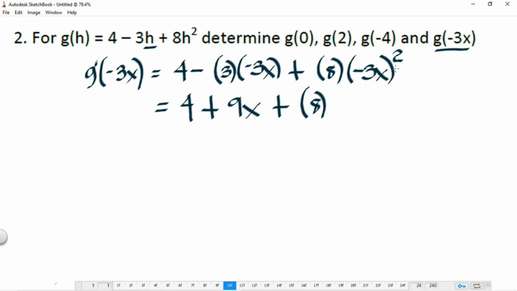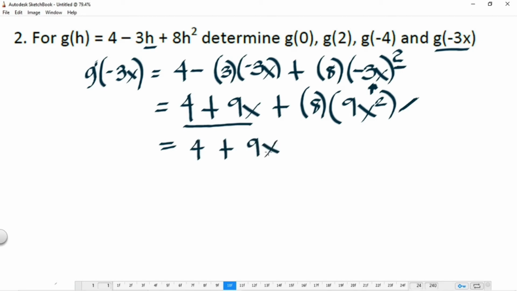And since it has an exponent, let's prioritize this one first. So negative 3x raised to 2 is equal to 9x squared. We can still simplify this one. Once again, just copy these terms. 4 plus 9x plus, okay, 8 times 9x raised to 2 is equal to 72x squared.